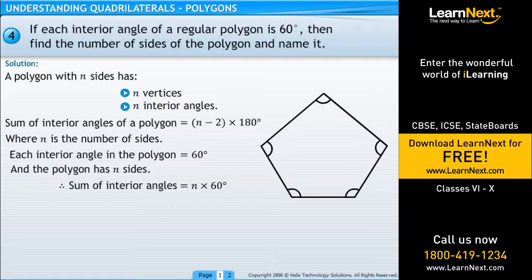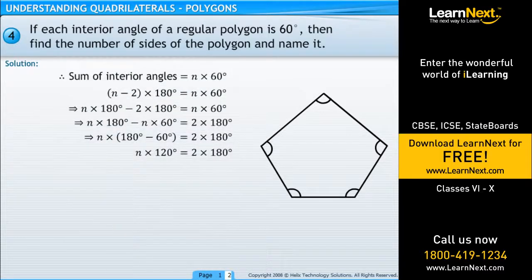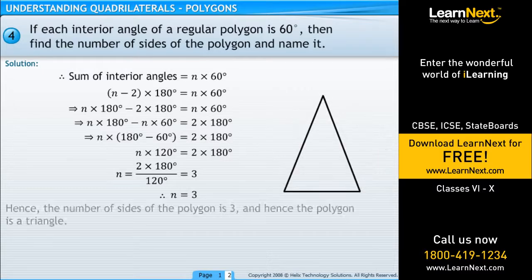We will equate both the equations to obtain n. We will rearrange and solve the equation for n. By rearranging the terms in the equation, and taking n common, we obtain the value of n as 3. A figure with 3 sides is a triangle.